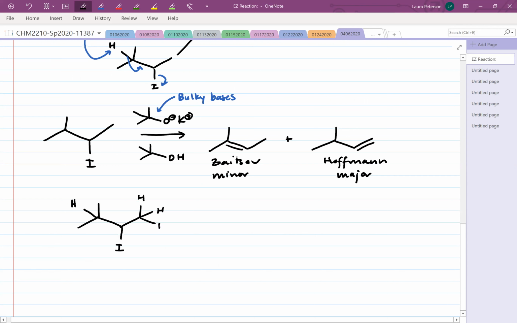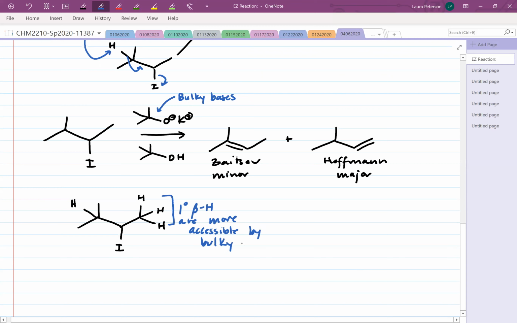Okay, so here's our two potential beta hydrogens. We have those primary beta hydrogens on the right, and then that tertiary beta hydrogen on the left. Which one of those set of beta hydrogens would be more accessible by our sterically hindered base? Right, it would be the primary beta hydrogens. Okay, so these primary beta hydrogens are more accessible by the bulky base.